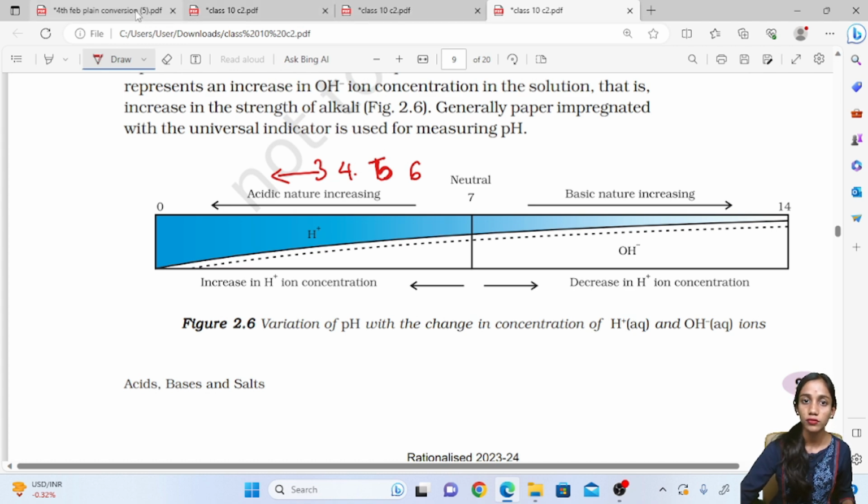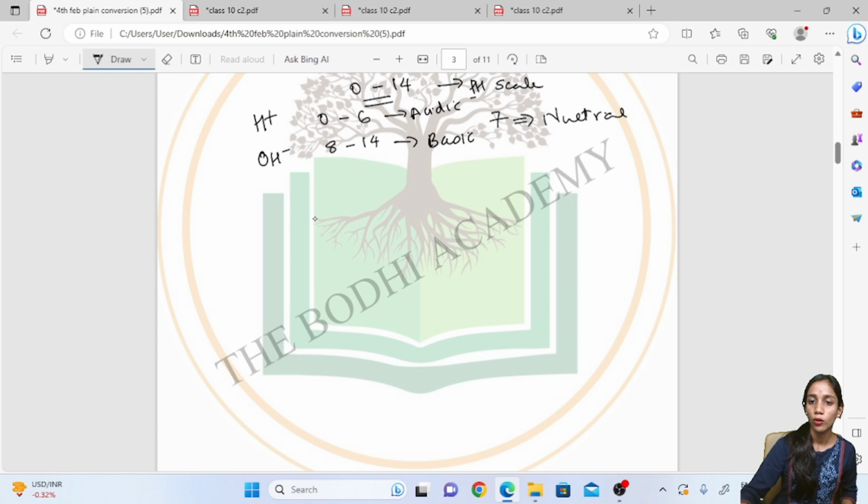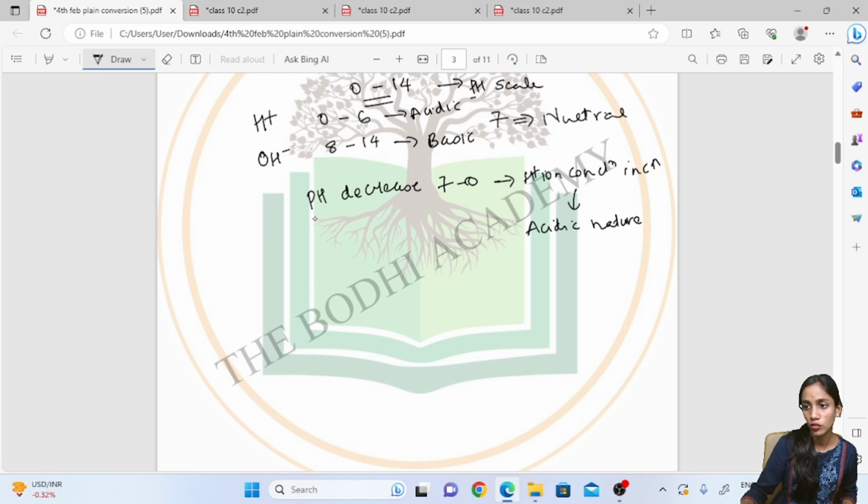So as the pH decreases from 7 to 0, the H plus ion concentration increases and the acidic nature also increases.